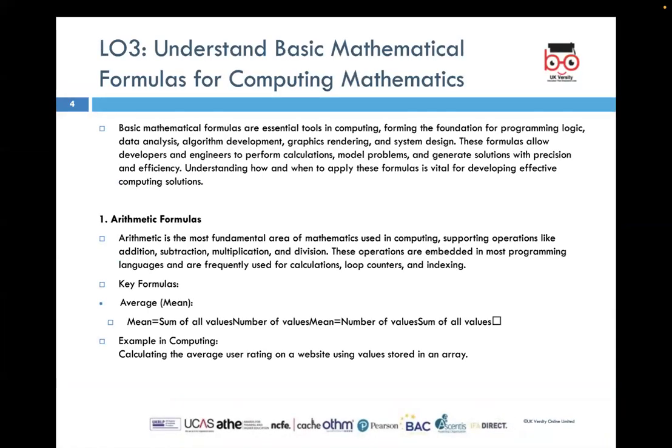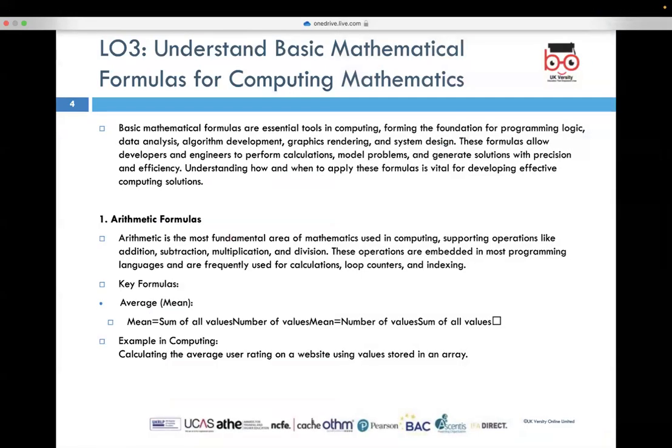Basic mathematical formulas are essential tools in computing, forming the foundation for programming logic, data analysis, algorithm development, graphics rendering, and system design.